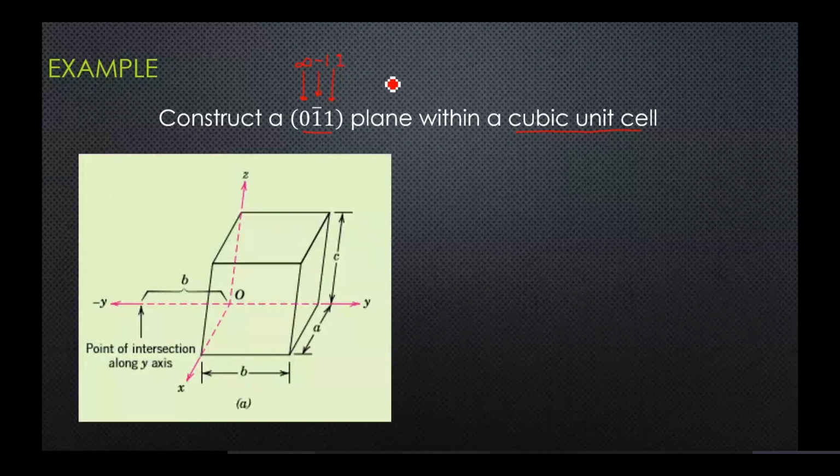So let's draw this plane. If I have this as my cubic unit cell, I'll take the intercept over here as -1 along the y-axis, and I'll take the intercept over here as positive along the z-axis, and I'll draw a line. Now this plane would have the same line over here, and this would become my plane.